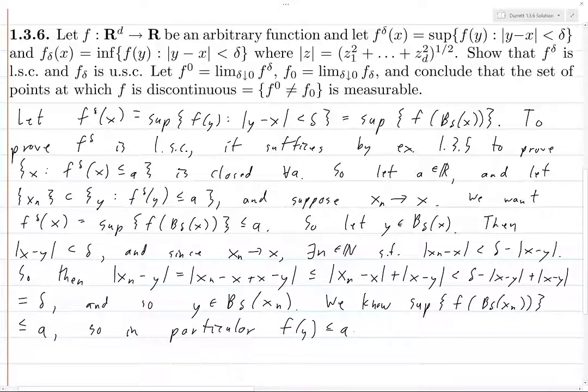So in particular, f of y is less than or equal to a. This holds for all y in B delta of x.